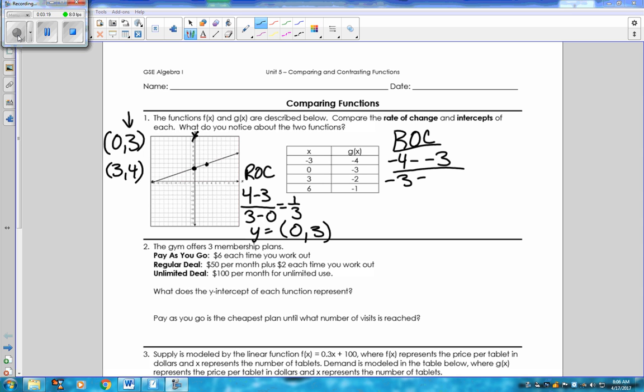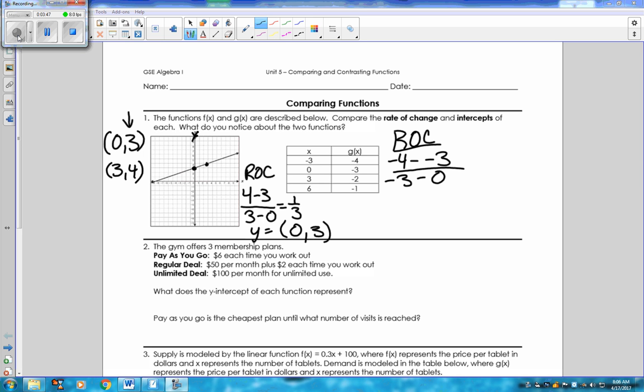Minus what? I'm kind of lost. That's y1 minus y2. I thought it didn't matter which one you used. It does. Well, let's see.